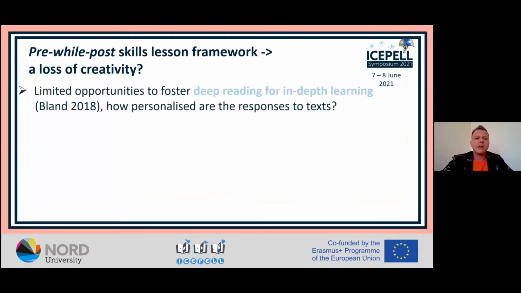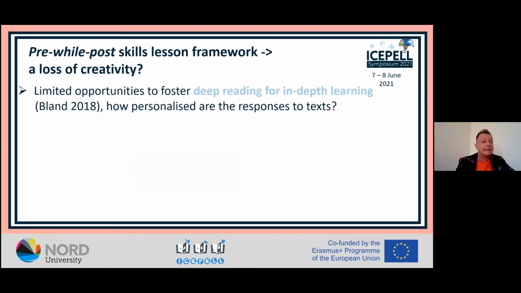Well, this is what Janice Bland calls deeper reading for in-depth learning. Now, interpretive responses, if we're wanting to give children an opportunity to respond personally to the characters in the picture book, to the plot, to the setting, and show feelings and trigger emotions and interest and curiosity, we need to foster deep reading approaches, as Janice Bland called them, rather than the comprehension focus, the yes, no, the right, wrong, the answer key.